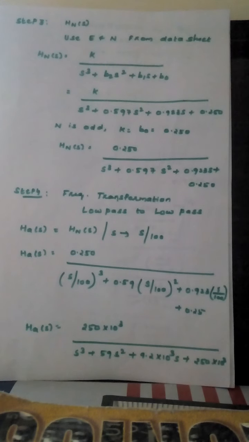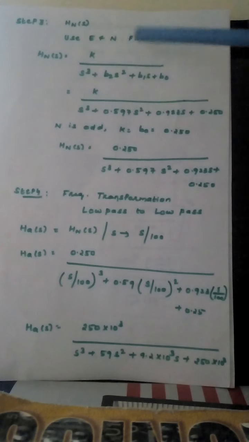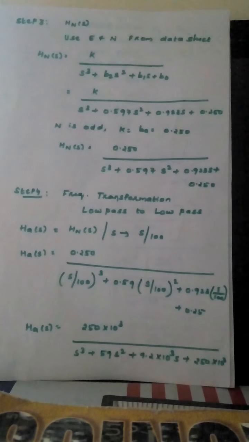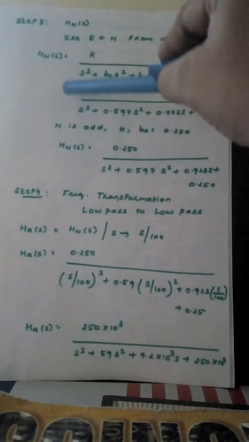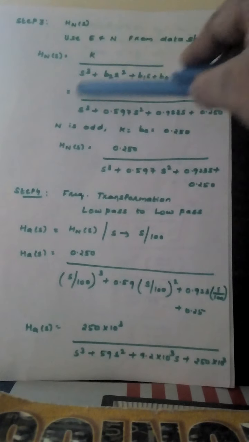In the second column, for epsilon 0.997, you get n as 3. Take epsilon 0.997 and the corresponding n value of 3, and you will get b0, b1, b2, all the values. So we can directly write down the transfer function from the data sheet.